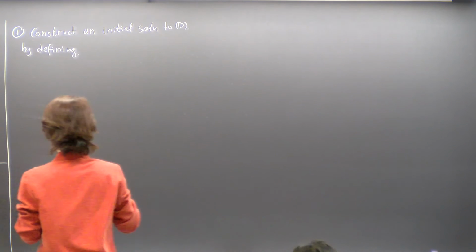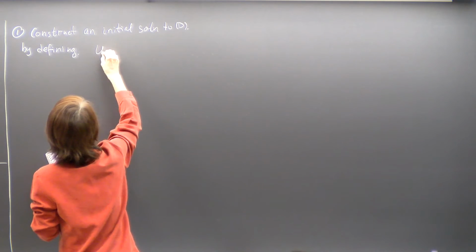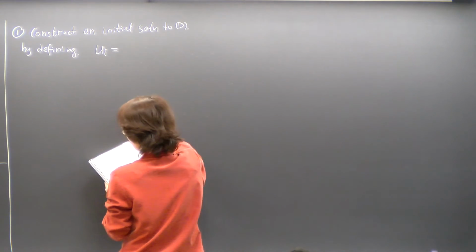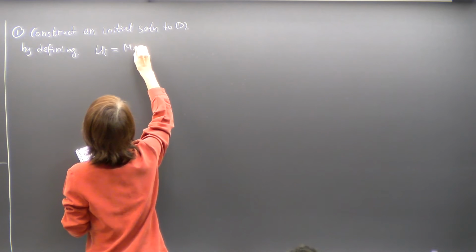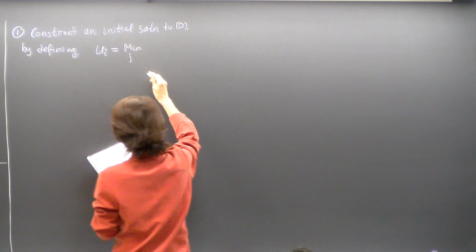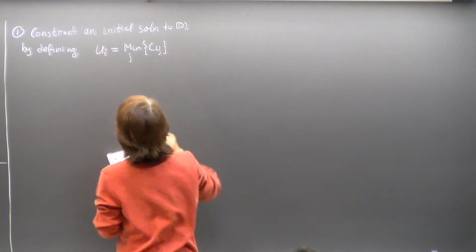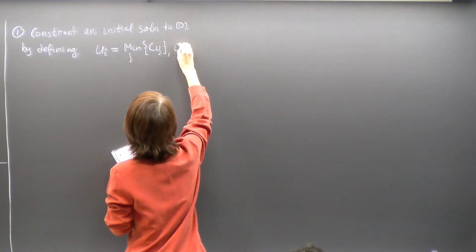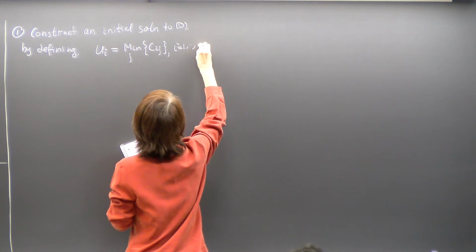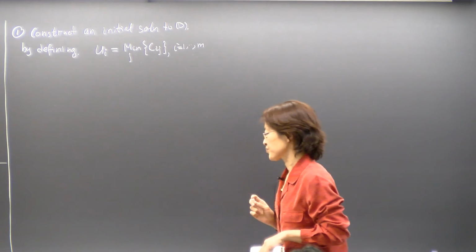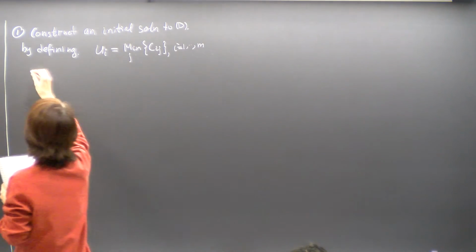So I will define the ui will simply equal the minimum over all j of Cij, and I go through all the i's. Let me write this down and then I'll explain.